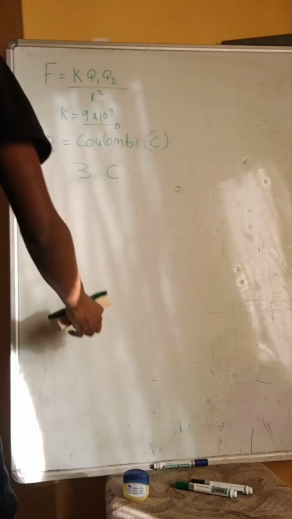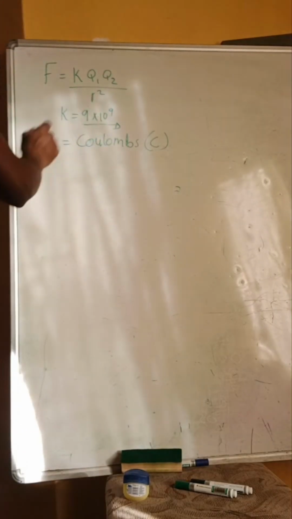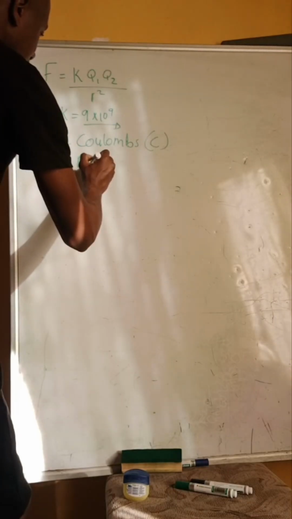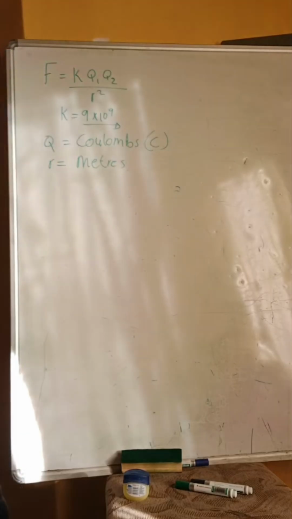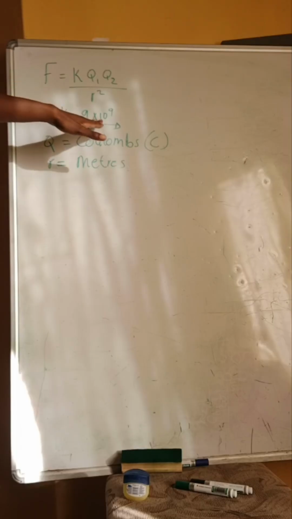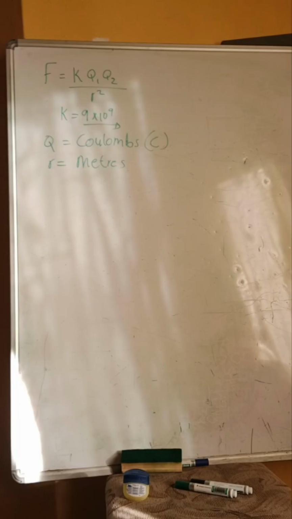And also the distance r should always be in meters. And once again, the most important thing is that even if you are given a negative charge, when you substitute here, you don't include the negative sign. You just include the number. If you include it here, you're going to have a negative answer, and we don't have a negative force.